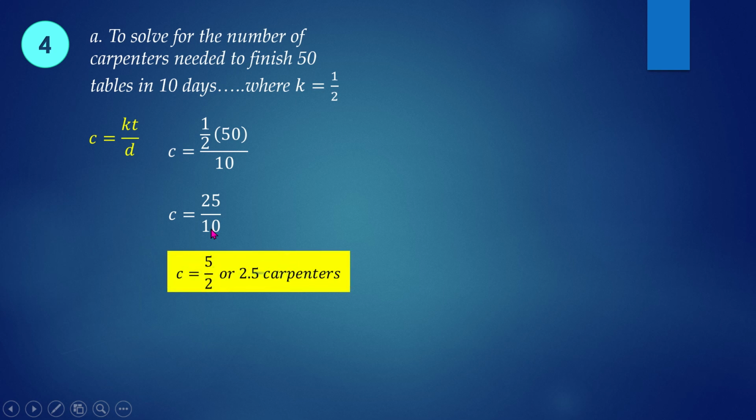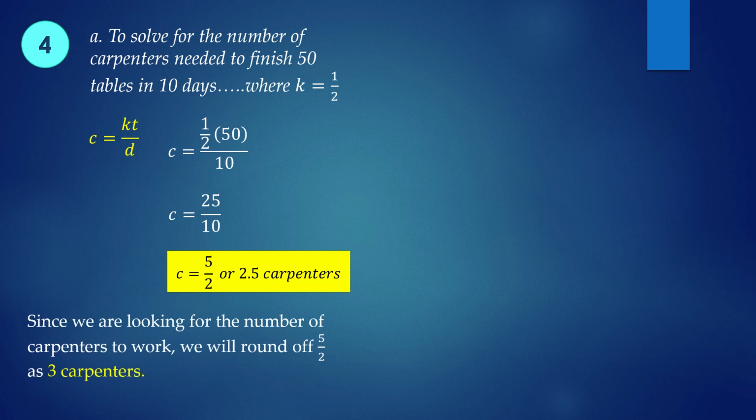So, we will reduce. We're looking for the number of carpenters. So, 25 over 10. Pila may divisibility niya? Tag 5. So, pila ka 5 sa 25? 5. Pila ka 5 sa 10? 2. So, what is 5 over 2? Or in decimal, that is 2.5. Wala may tao nga 2.5, no? So, ato i-round off more or less. Since we are looking for the number of carpenters to work, wala may tunga nga tao.